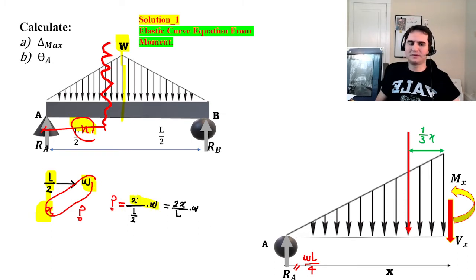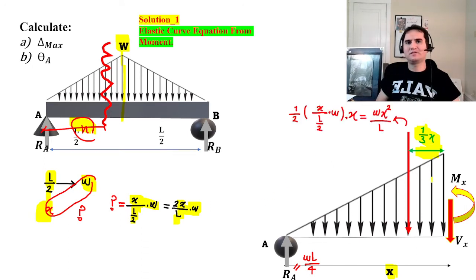Rearranged, that gives 2x over L times W, the intensity up to this point. If we convert the distributed load to a concentrated load, it is the area of this triangle, half of the intensity times x, which is our base.